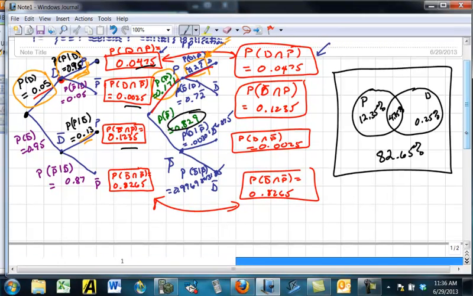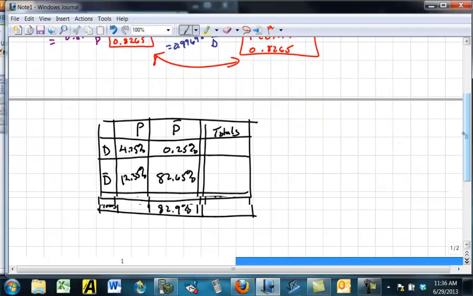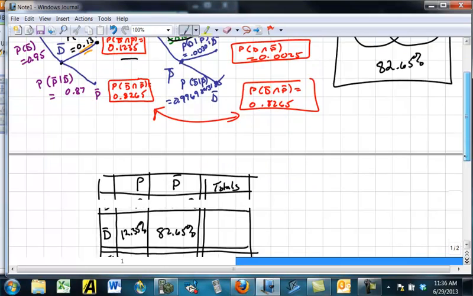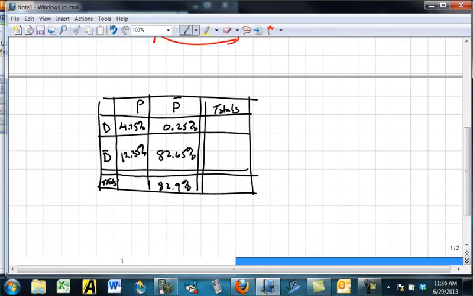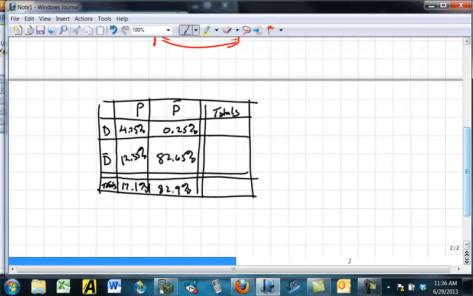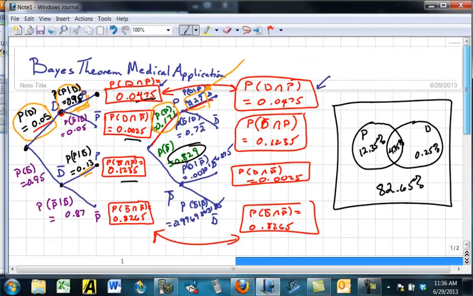And the other one for positive is going to show up for adding these two together. That's how we found that in the tree. 17.1%. So if you remember, we added these together in the table. That's how we did it here.